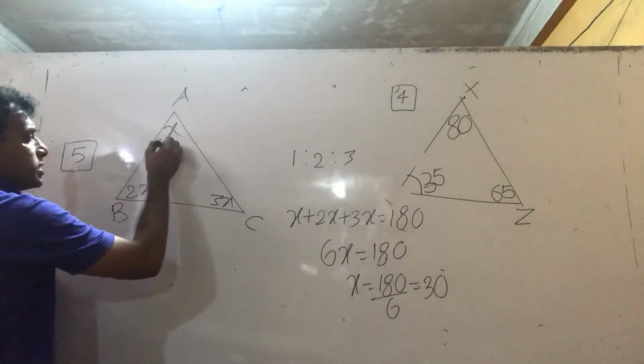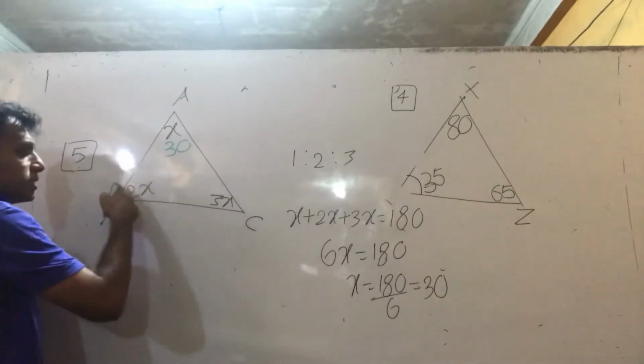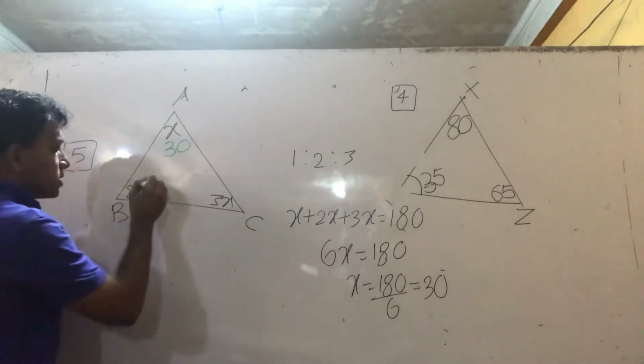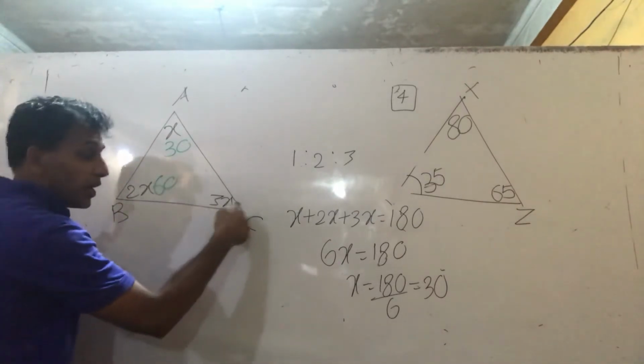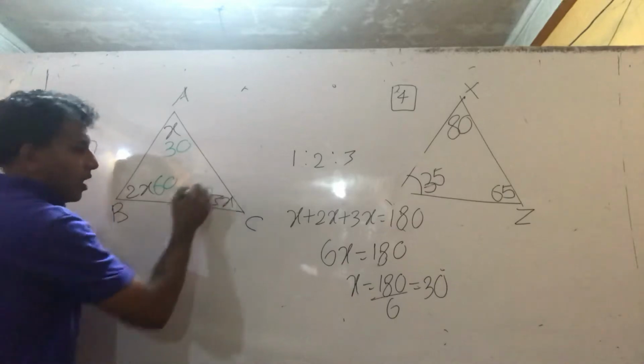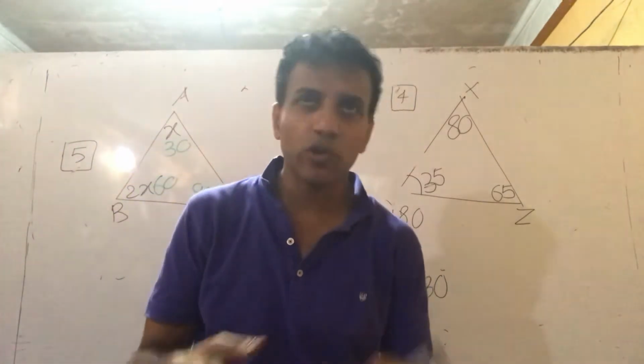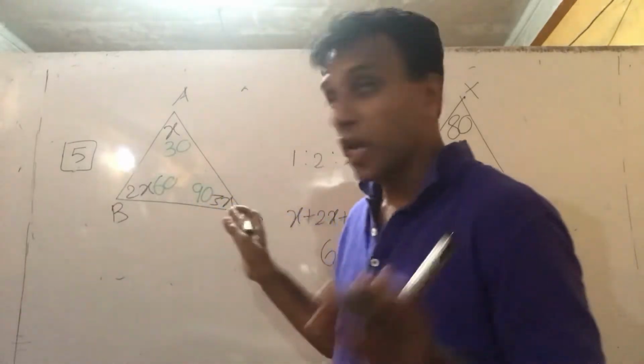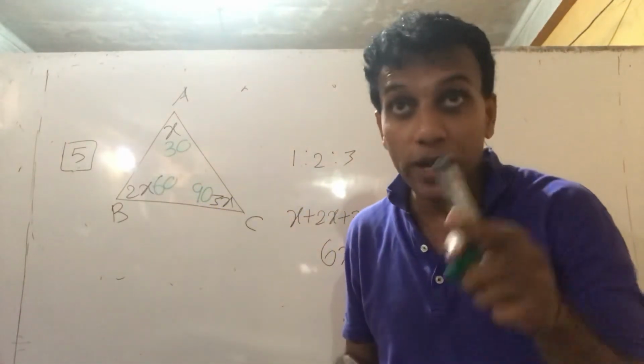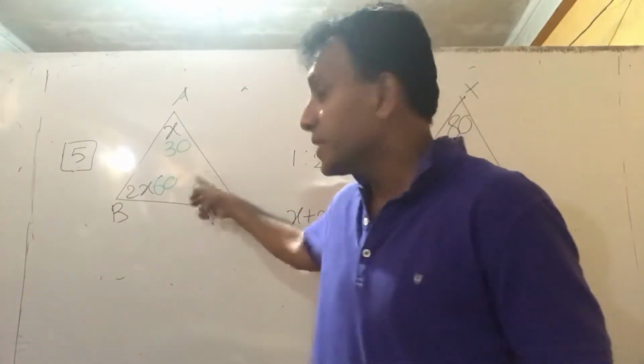Now tell these three angles. This is 30. This is double, twice, 60. Here thrice, 90. Therefore my diagram is wrong. That's not a matter, you still get full marks. But the shape is wrong, because only now I know that this angle is 90 degrees.